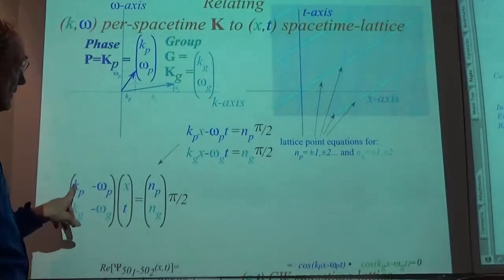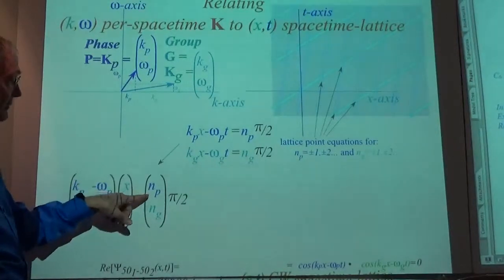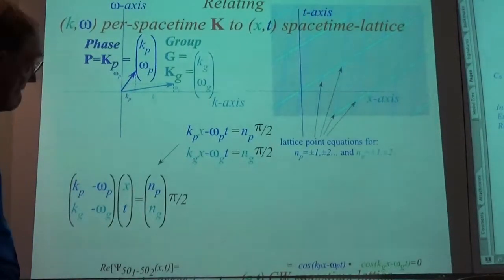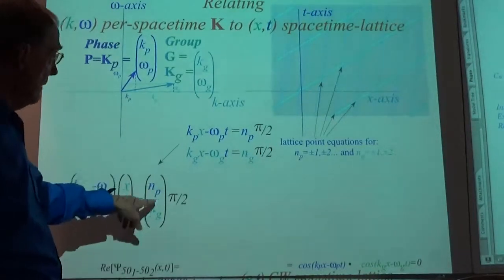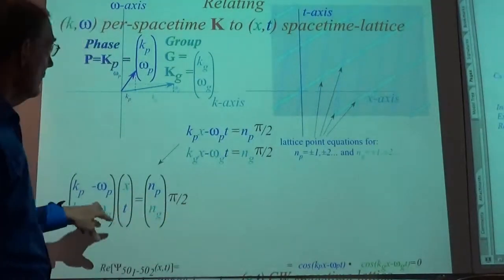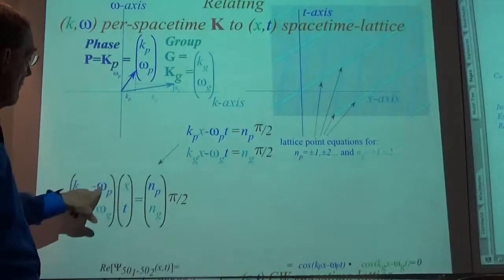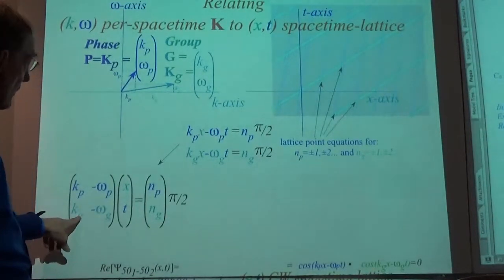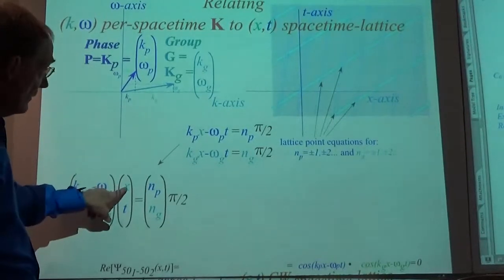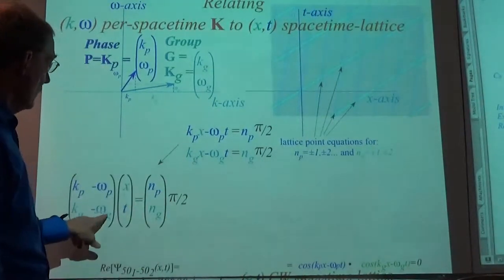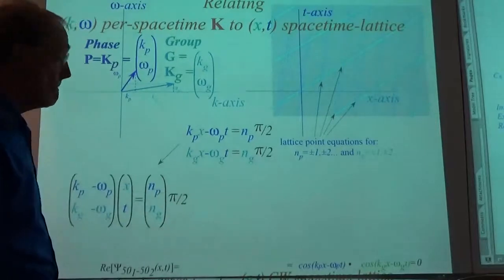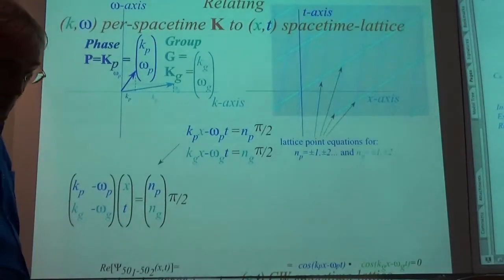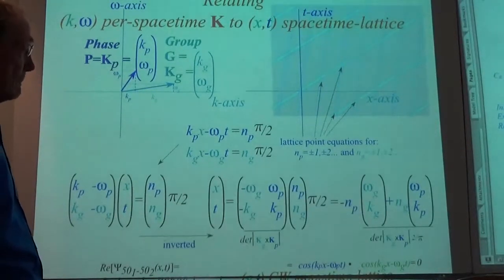Okay? So I make it into a nice little matrix equation. NP and NG times pi over 2 is equal to kpx minus omega pt, and then the group equation is k group times x minus omega g times time. So far so good? Okay, let's invert it.